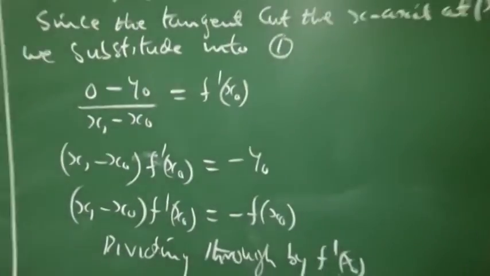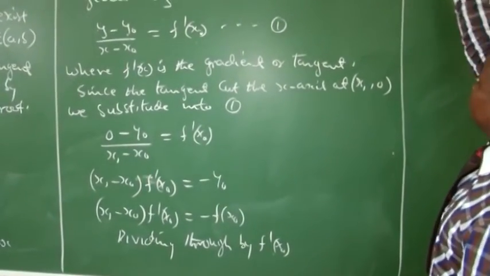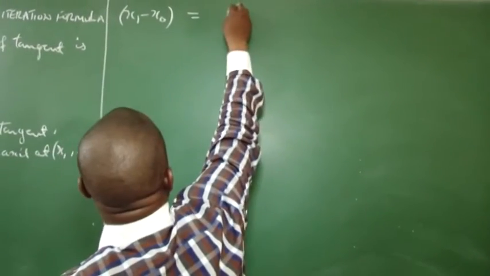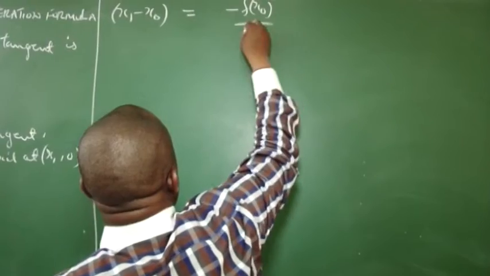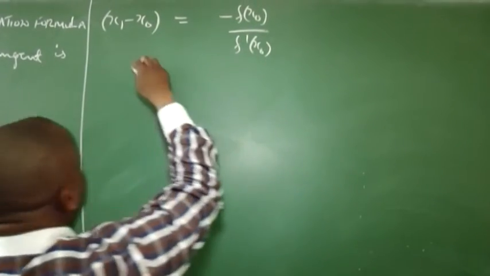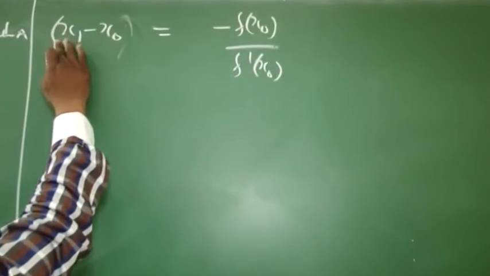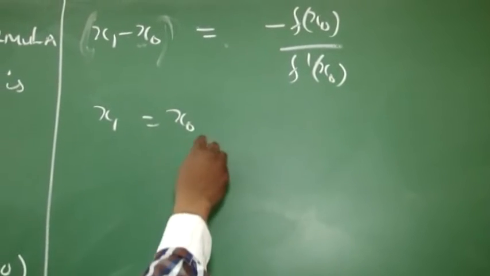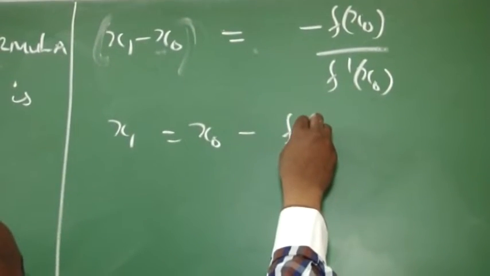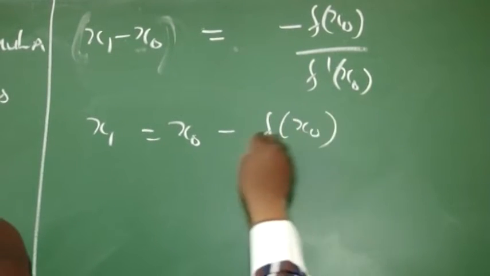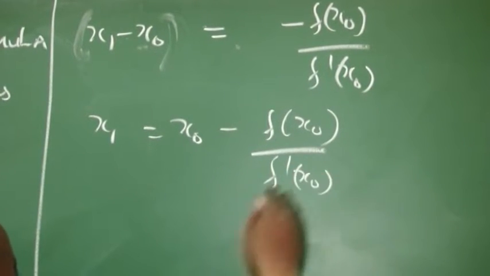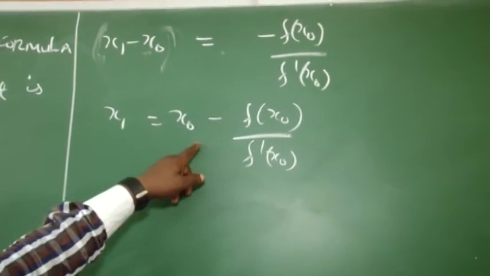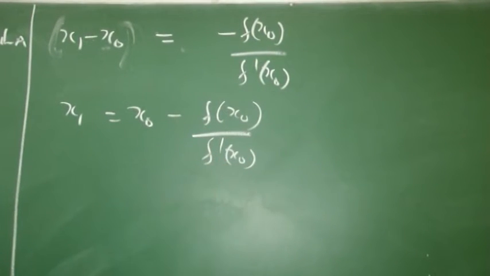We'll have x1 minus x0 equals minus f of x0 over f prime of x0. So let us transfer this here. So we have x1 equals x0 minus f of x0 over f prime of x0.